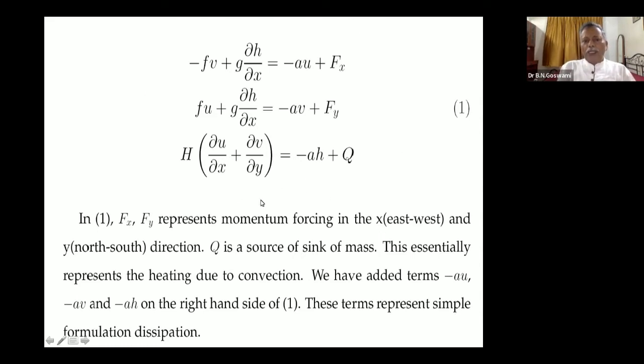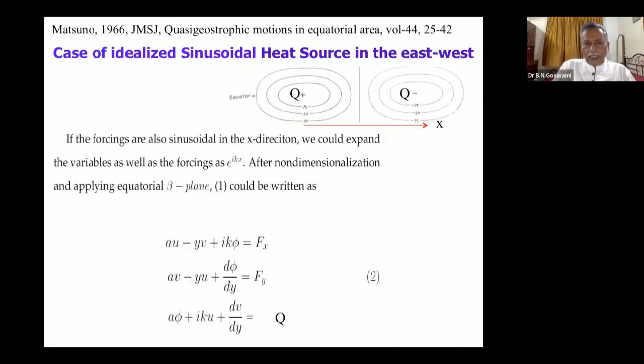So this equation remains the same as our basic linear equations. Now let us look at one idealized case. I referred to Matsuno's paper in the last talk, and this is a very classic paper. In it, he first did these normal modes in the absence of forcing. Then he also had a little bit of discussion on what happens if we have a periodic, sinusoidal forcing in the east-west direction.